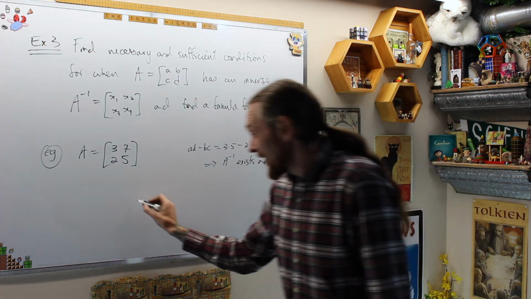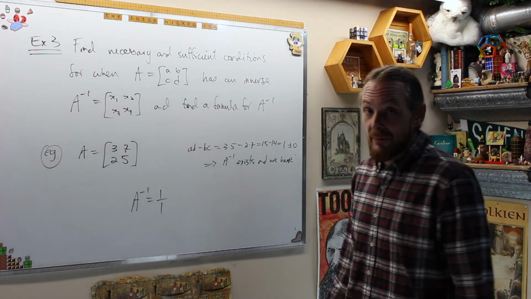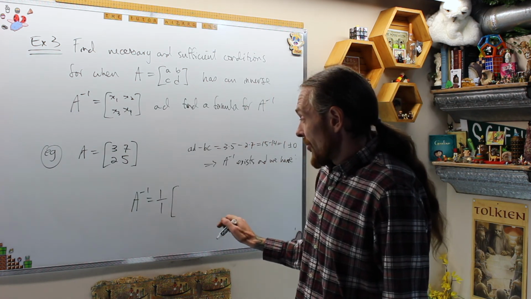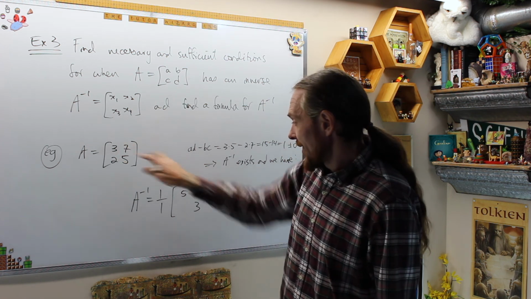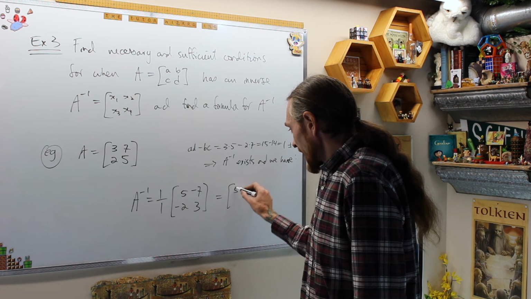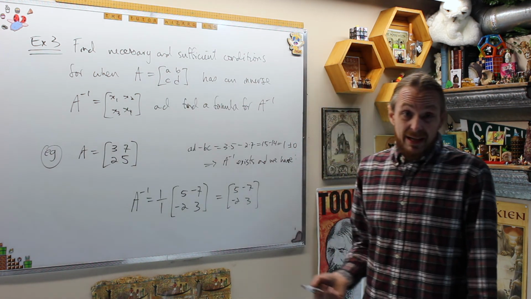What is that? It says that the inverse is going to be 1 over the determinant, 1 over 1, which is nice in this case, times, now what are we going to do? We're going to flip these ones, 5, 3, and we're going to add negatives to those ones, negative 7, negative 2, which is 5, negative 7, negative 2, 3, which is exactly what we got using the other method.